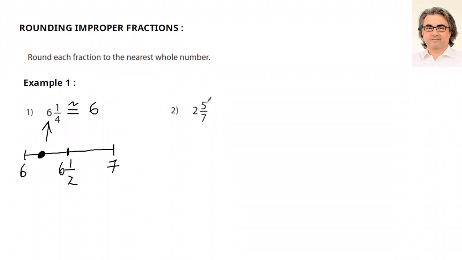And what about this second one? 2 and 5 over 7. It's greater than 2. So this number is between 2 and 3. Now the midpoint of this interval will be 2 and 1 over 2. So I should compare 5 over 7 with 1 over 2.